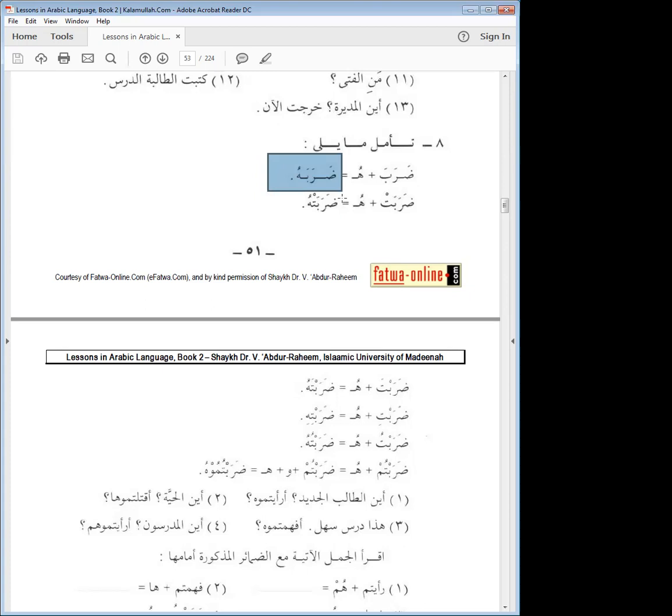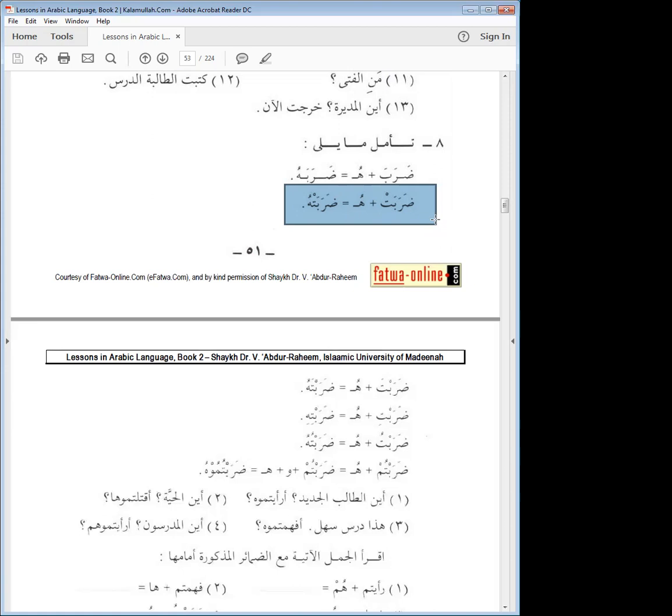Good. Going on again to the next example, you have darabat and then hu, right? So in this case, you have the fa'il. Again, the fa'il or the doer of the verb is damir mustatir, it is hidden, all right? Because it is understood, right? So darabat hu?